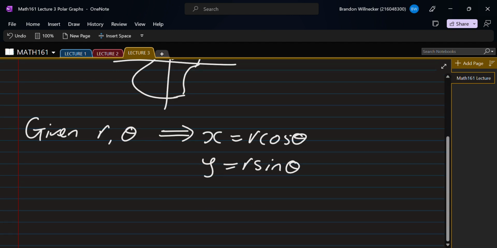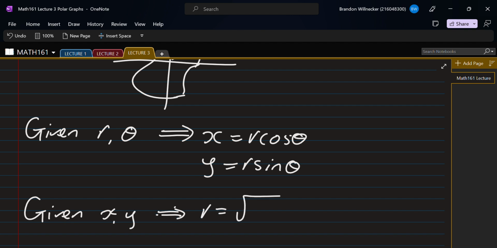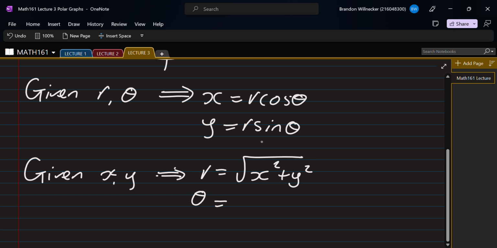Okay, so that was given the polar form, we can convert to Cartesian, or if we are given Cartesian, we can convert to polar, where r is the square root of x squared plus y squared, and theta is arctan of y over x. Okay, so that's how we go back and forth with the points.